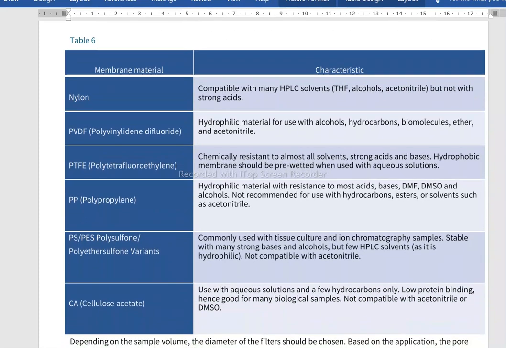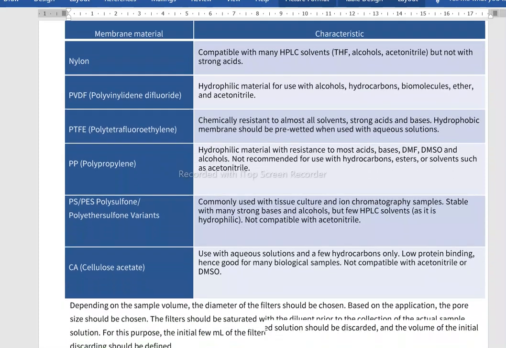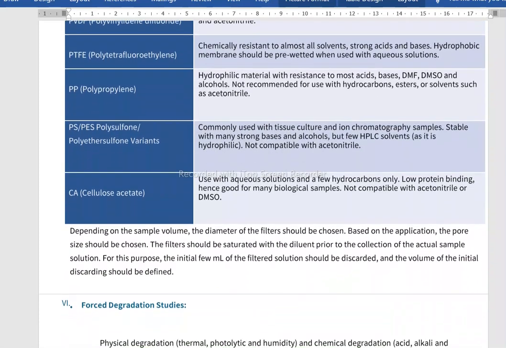PS, polysulfone, polyethersulfone variant, is commonly used with tissue culture and ion chromatography samples. It is stable with many strong bases and alcohol, but few HPLC solvents, and as it is hydrophilic, it is not compatible with acetonitrile. CA, cellulose acetate, is used with aqueous solutions and few hydrocarbons only. It has low protein binding, hence is good for many biological samples, but is not compatible with ACN or DMSO.